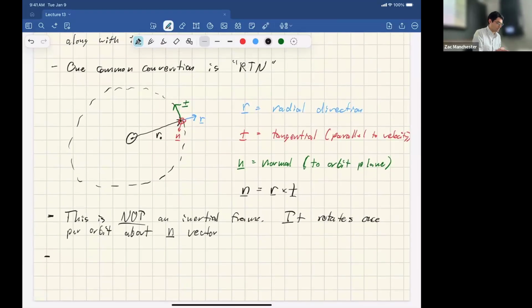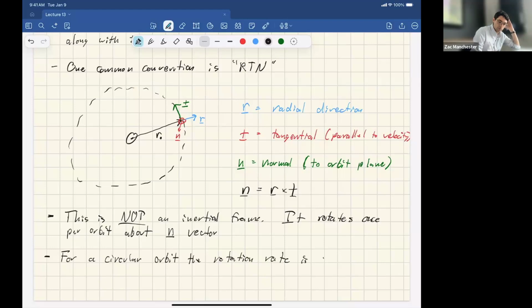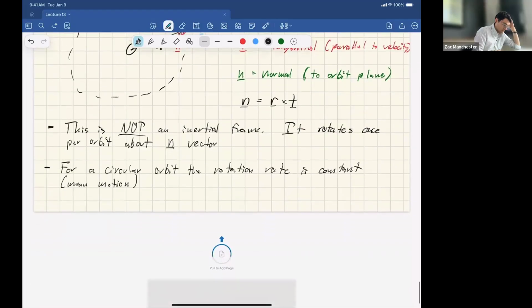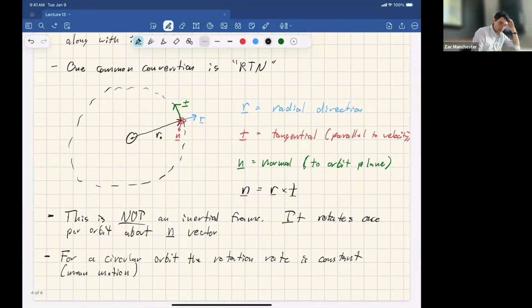And for a circular orbit, which is what we'll assume for now to make things simple, the rotation rate is constant, and it's the mean motion for those who know orbit stuff. And we'll call that omega n.